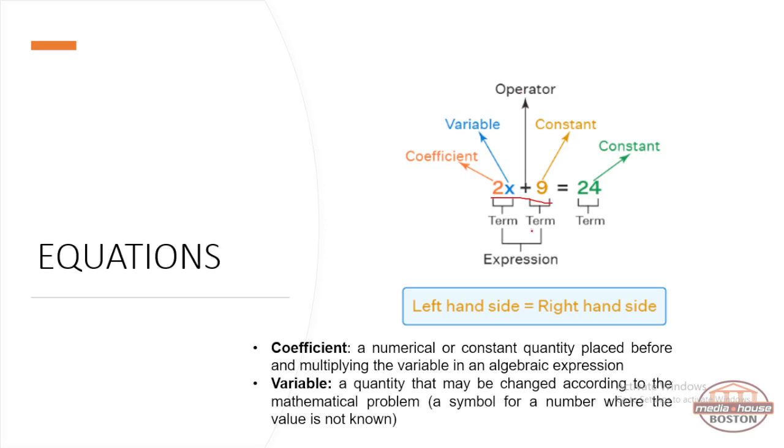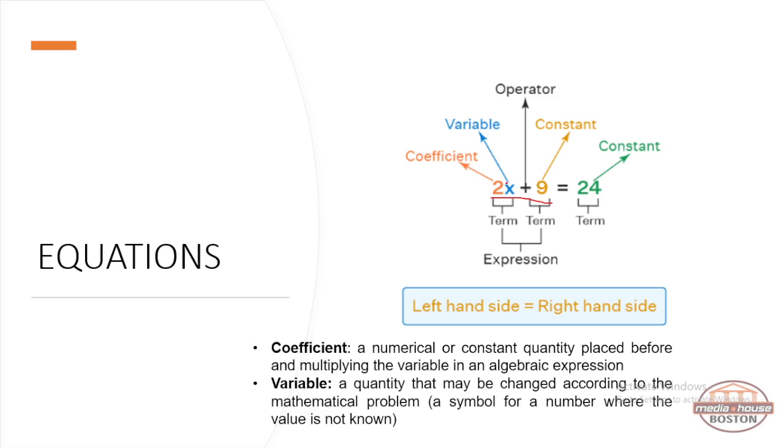For the operators in each and every expression, we only have 4 basic operations. We also covered this during the lesson on fractions, which are addition, subtraction, multiplication, and division. So those are the 4 basic operators within mathematics and finance, and we use all of those.